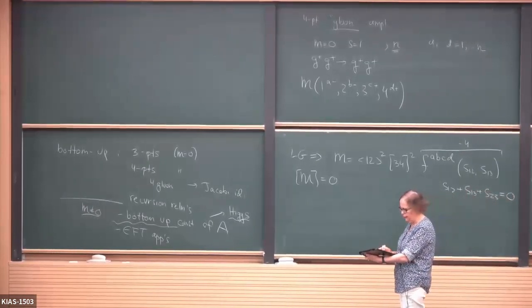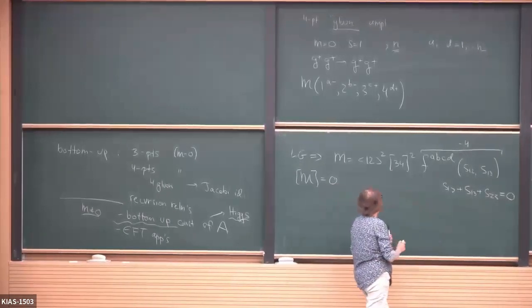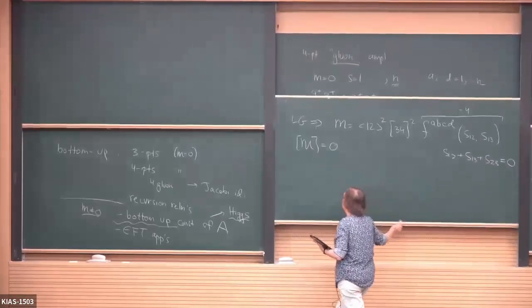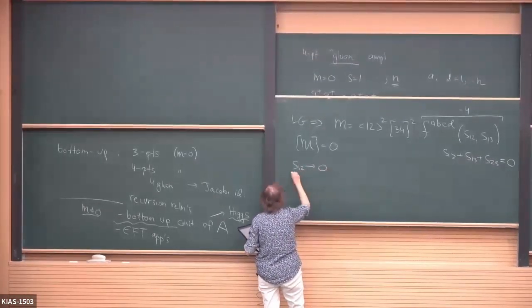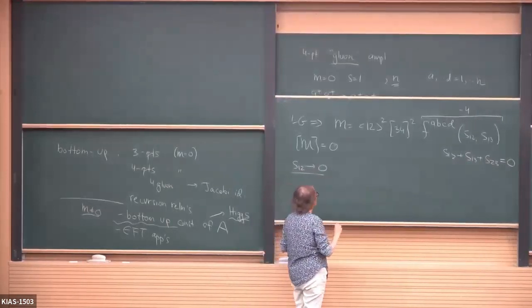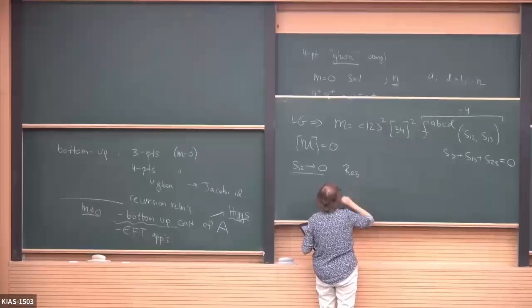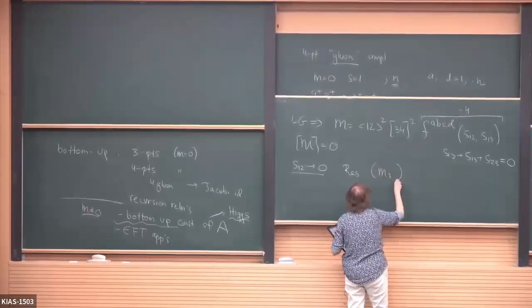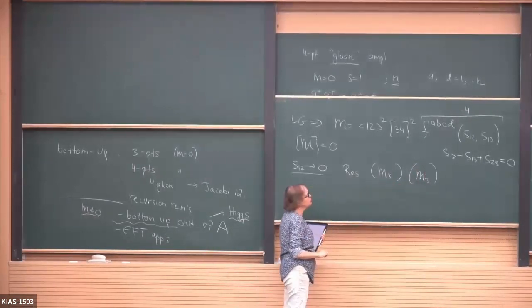So the other thing we know, so we can consider, for example, the S12 pole. So as S12 goes to 0, we're going to have a pole. And we know that the residue of this pole is going to be equal to the product of two 3-point amplitudes.